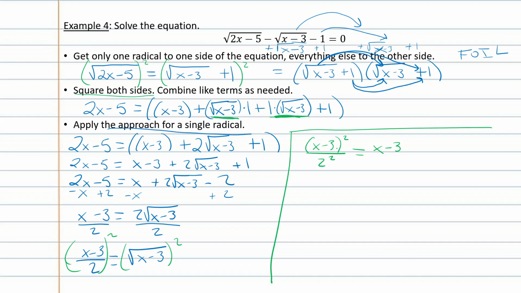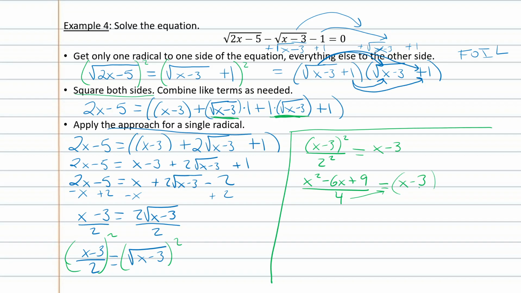Now, this will simplify. I need to go ahead and FOIL out this top part. And it should simplify to x squared minus 6x plus 9 all over 4 equals x minus 3. Now, I really don't like that 4 in the denominator, so I'm going to multiply it over to the numerator on this right-hand side.